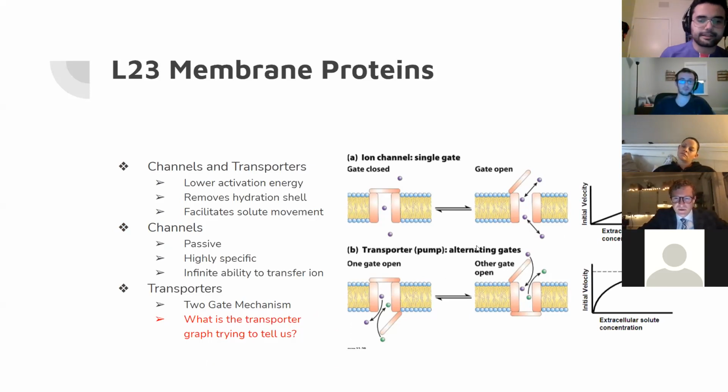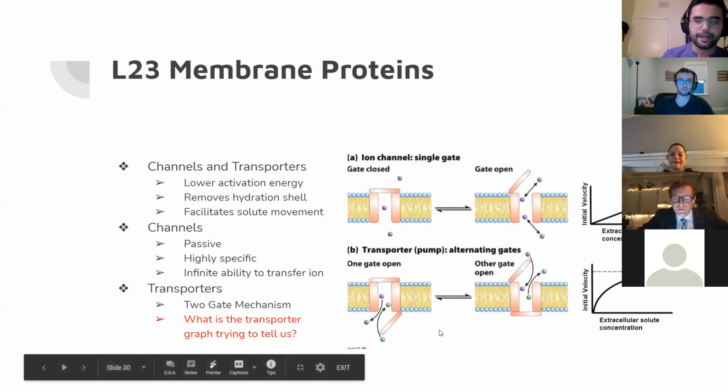This ion channel picture right here doesn't give it justice, because once we open it, it's basically a flood, because we only have one gate, right? It's a huge flood, so it just keeps pushing through. It's not like every time one enters, it's going to close until it's open again. No, it's open, it floods in. For a transporter, if we didn't have an extra gate, we could do that too.